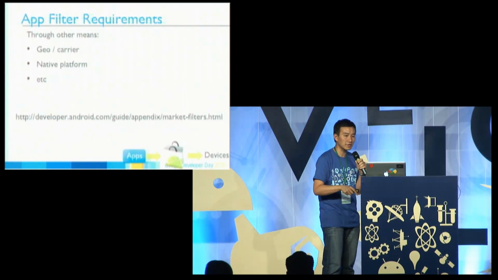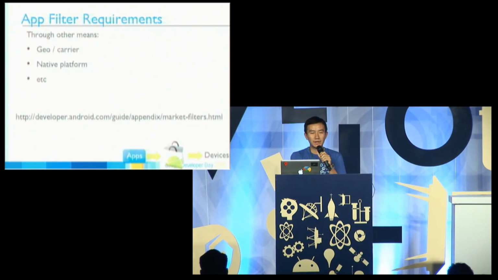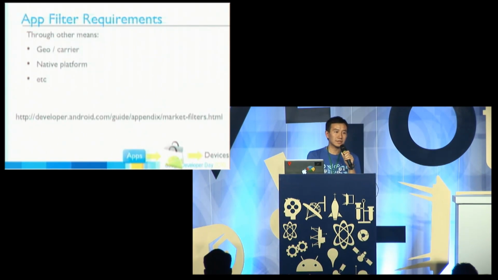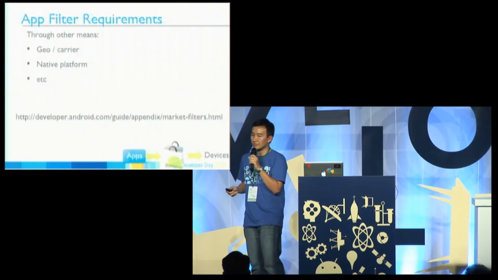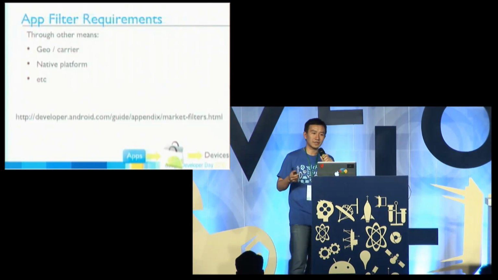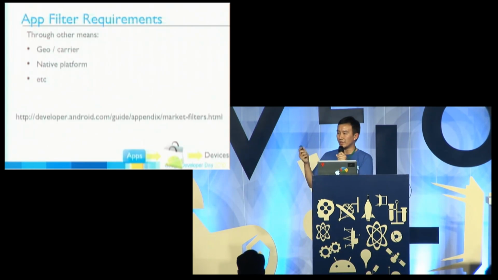Here are the carrier restrictions for making my apps available. And native platform, if your application uses the NDK, which we saw in Tim's talk, NDK targets specific hardware, and then these are filtering criteria you can specify. And you can have a look at this URL to understand the full definition of these different criteria.